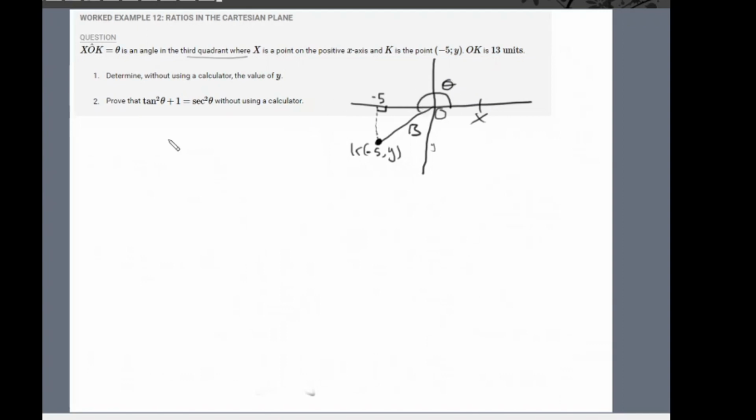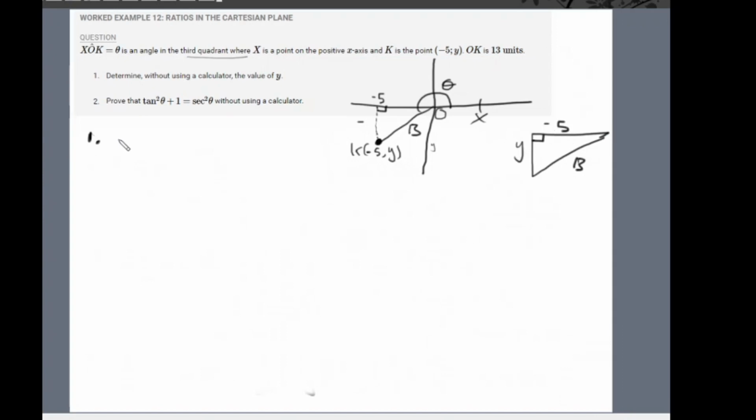Determine without the use of a calculator the value of y. So we have x is minus 5, and we want to calculate y. We have this triangle here where the hypotenuse is 13. We know the value of x is minus 5. We want to calculate y.